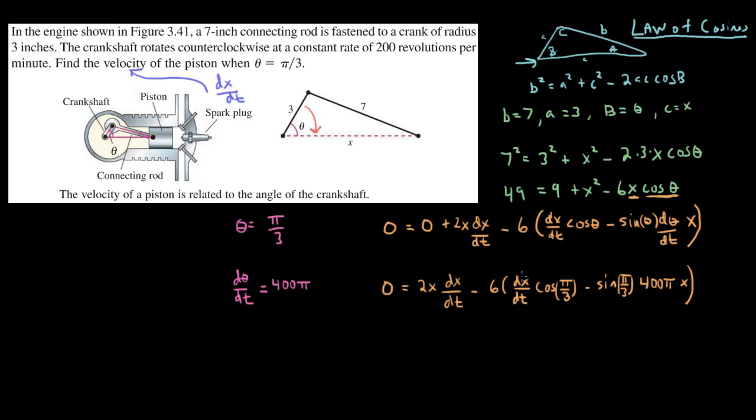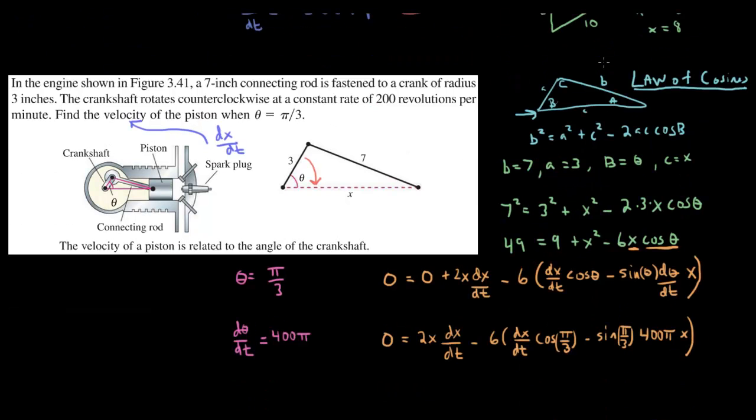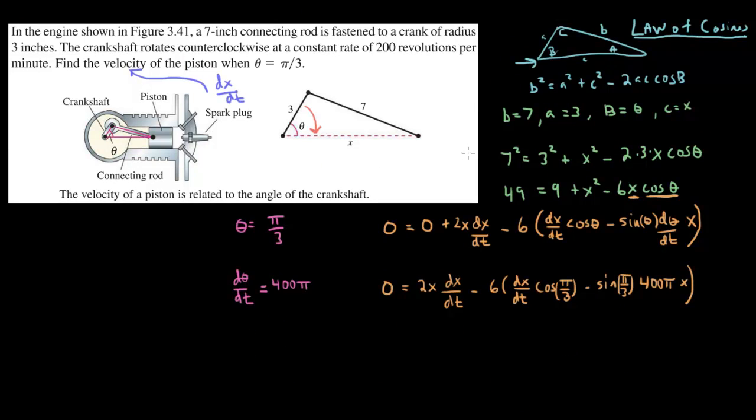Just like in the previous example, where we used the Pythagorean Theorem in the specific situation when s was 10, I think we're going to have to do that same sort of thing down here, except with the law of cosines. So let's just draw another little triangle over here.